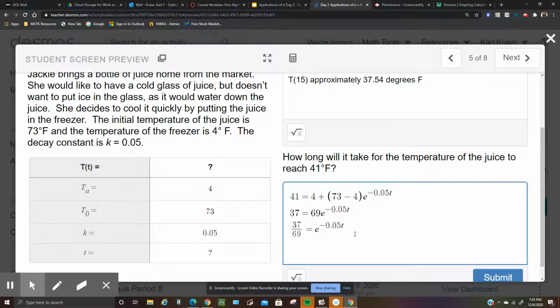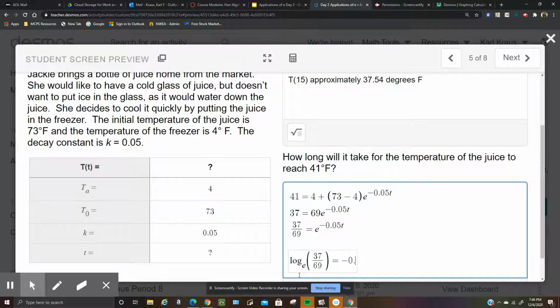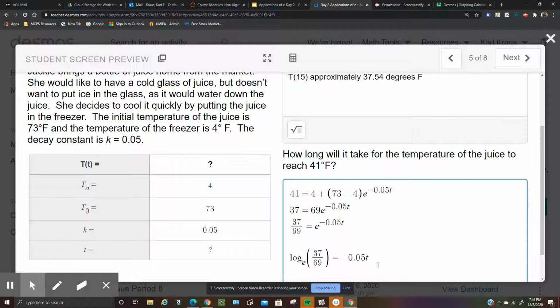And then you're going to do log base e, change it to a logarithm. And then last, divide by k there.